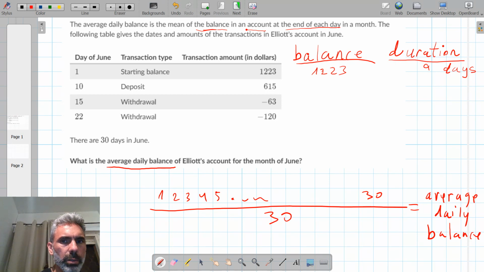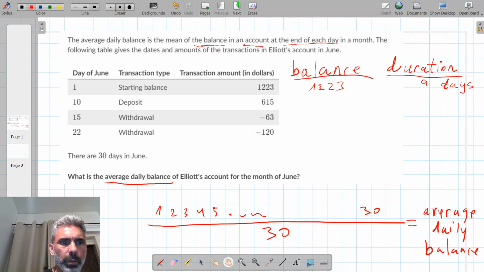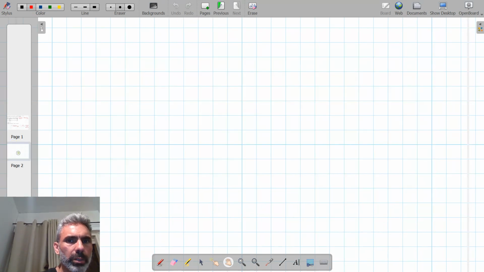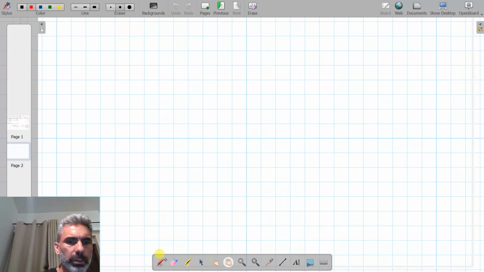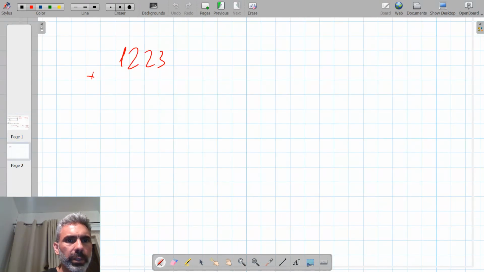Changed to what? Okay, I will skip to a new page to make this calculation. 1,223 plus a deposit of 615. This is a plus.